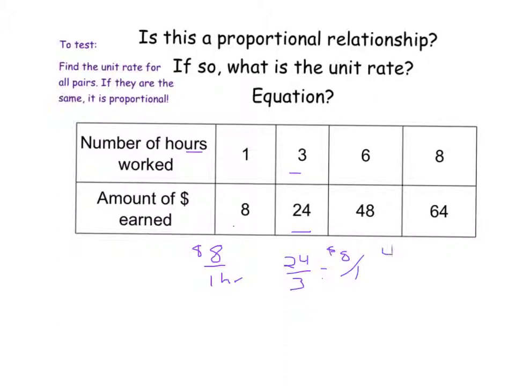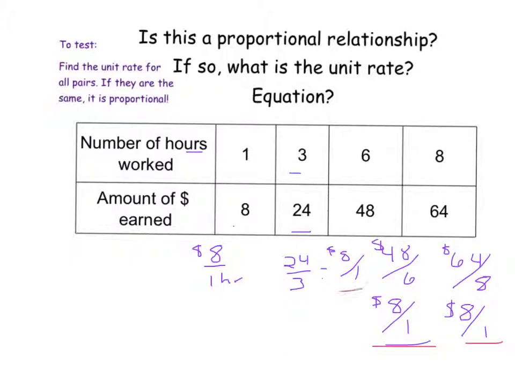This next one, $48 for 6 hours. 6 goes into 48 8 times, so that simplifies to $8 per one. And $64 for 8 hours also simplifies to $8 per one. So our unit rate was the same for each of the pairs, so yes, it is proportional.